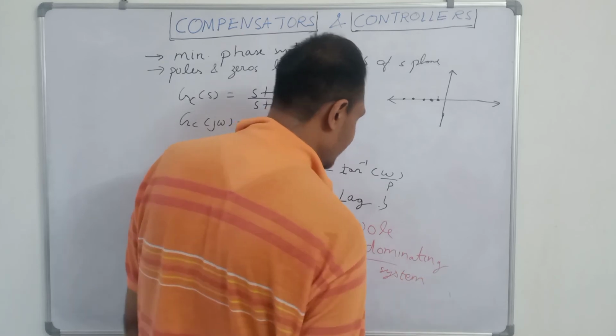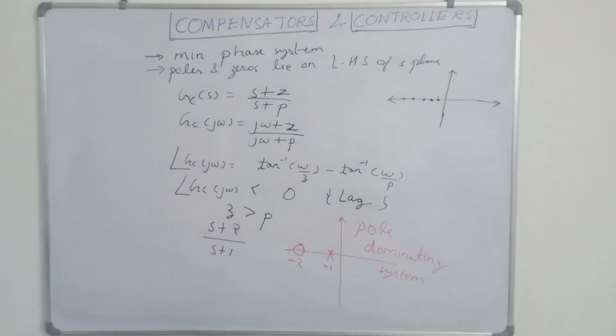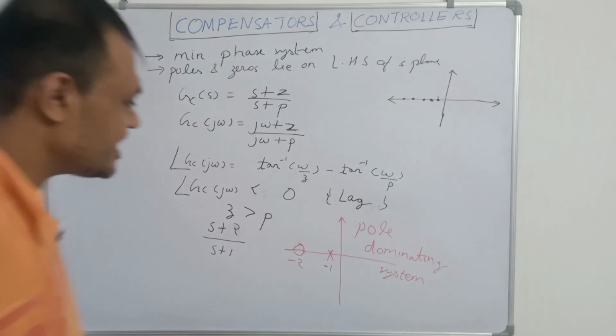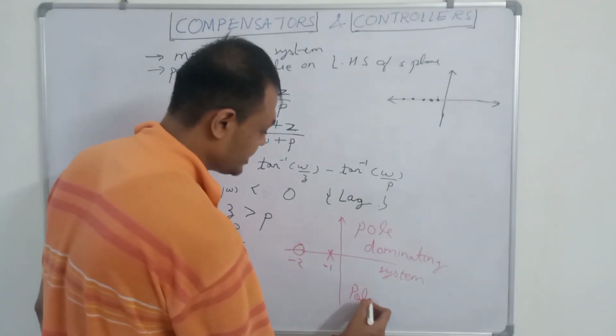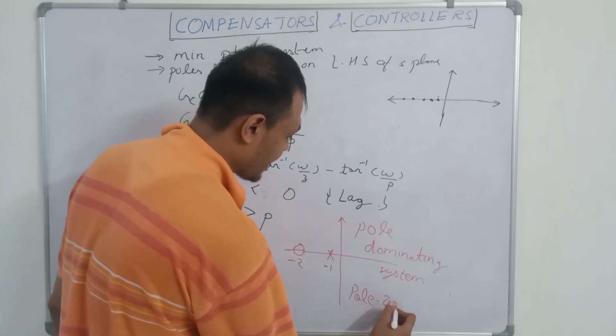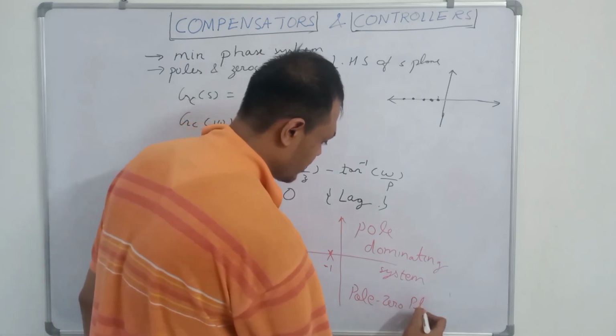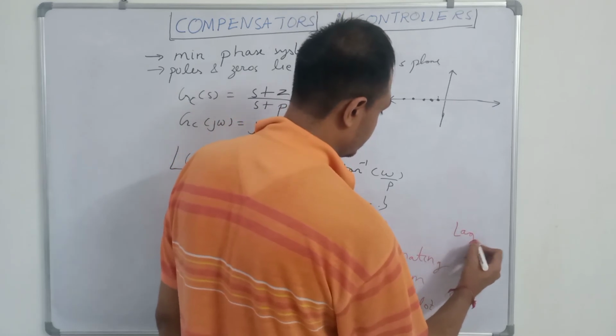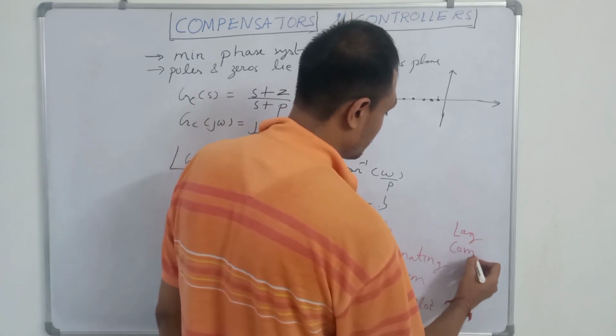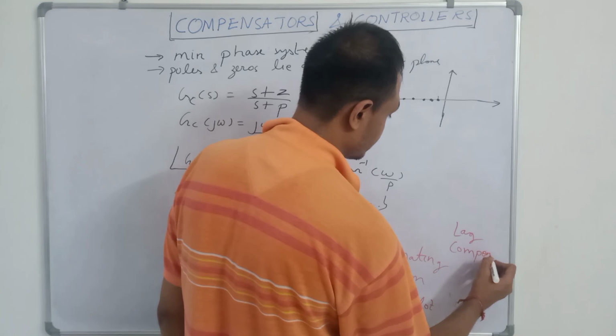In the lead compensator the zero was closer to the origin, but in the lag compensator the pole is closer.